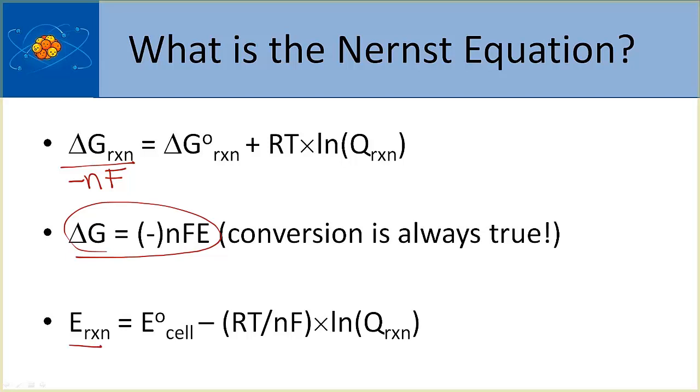And if you take the rest of the equation, put minus nF and then minus nF, we end up with what we have here, E cell and RT over nF, and then we have ln of Q for the reaction. And if you remember, Q can be any number of different things, but it's the reaction quotient.